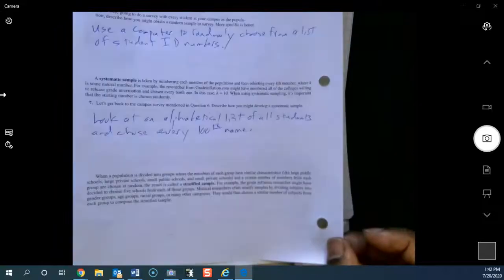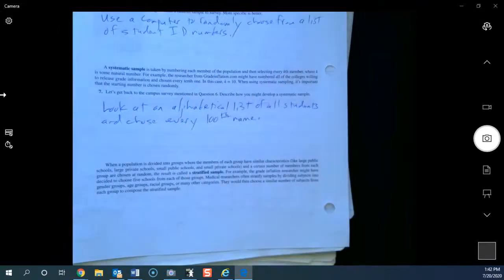Okay, when a population is divided into groups, where the members of each group have similar characteristics, like large public schools, large private schools, small public schools, and small private schools, and a certain number of members from each group are chosen at random, the result is called a stratified sample.